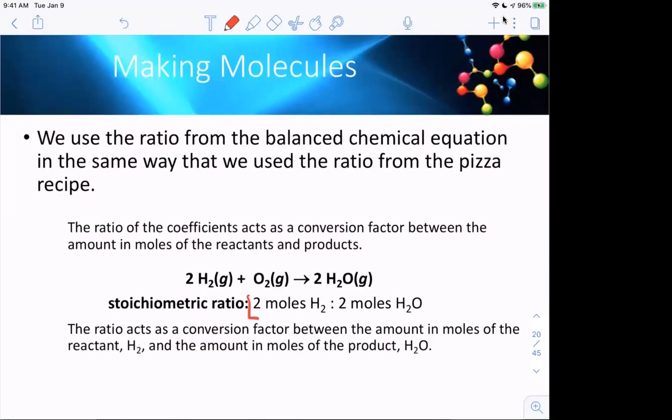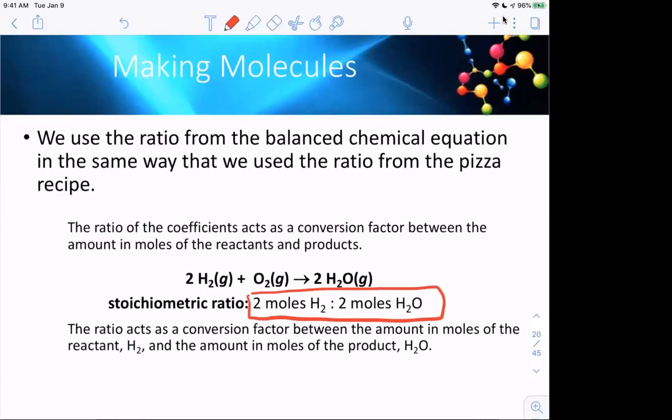So here's my equivalency statement. 2 moles of hydrogen for every 2 moles of water. 1 mole of oxygen for every 2 moles of water. 2 moles of hydrogen are necessary to react with every 1 mole of oxygen. These ratios are going to act as conversion factors between the amount in moles of any reactant and the amount in moles of any product.